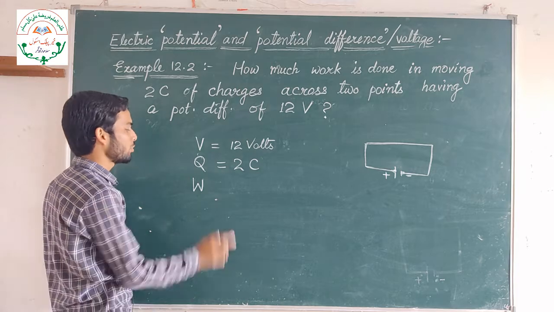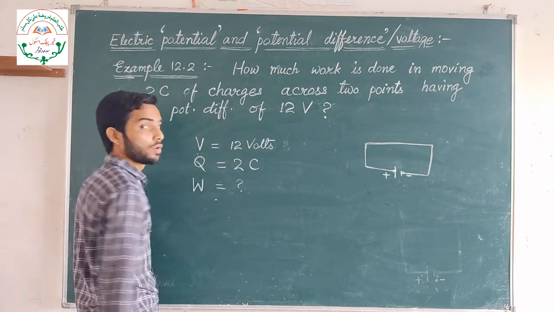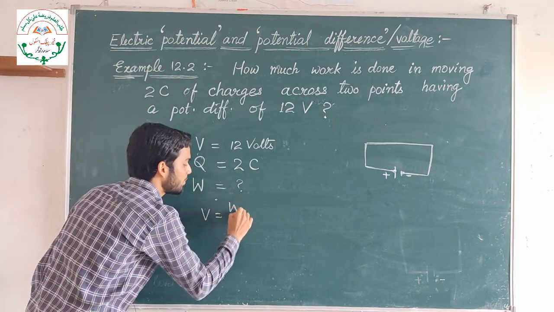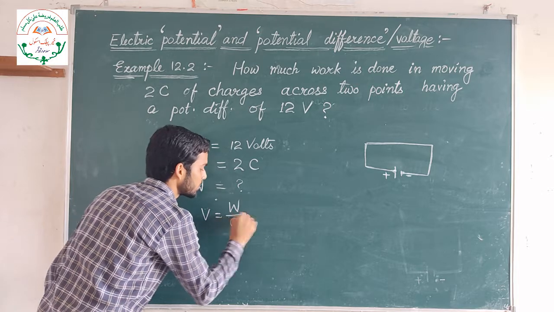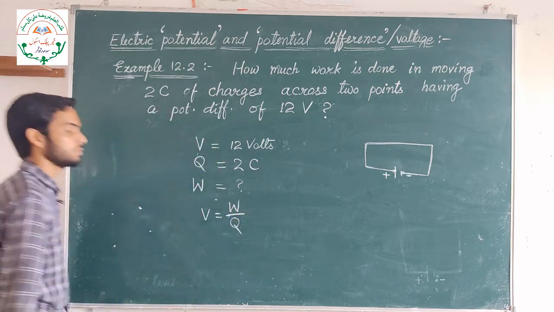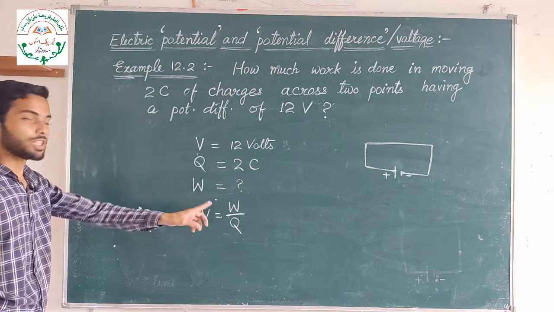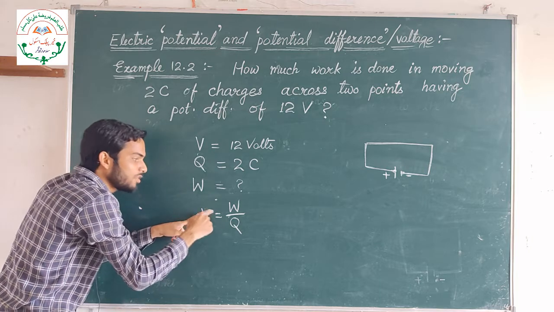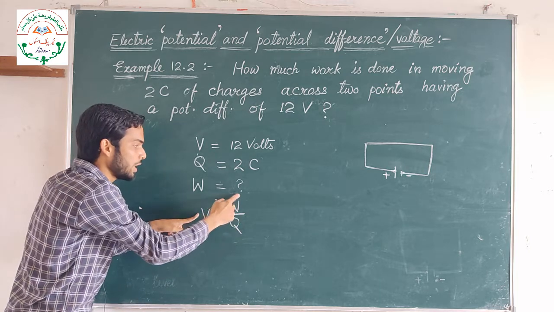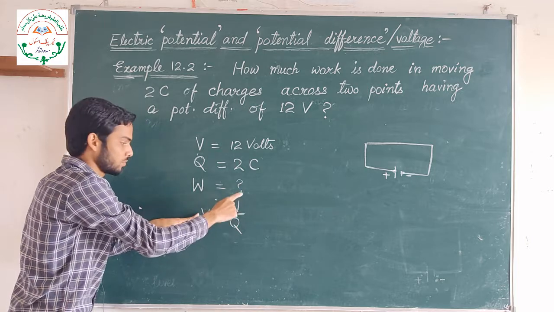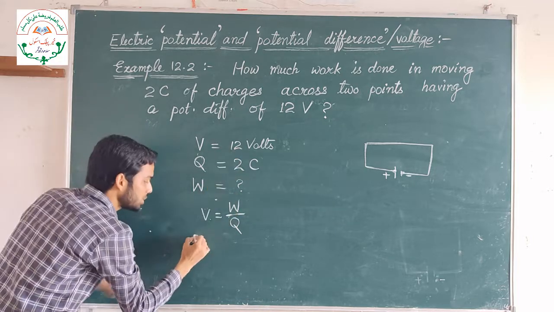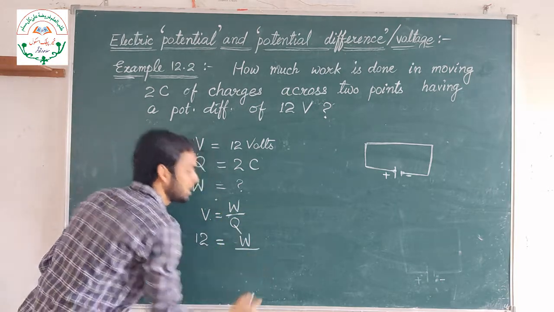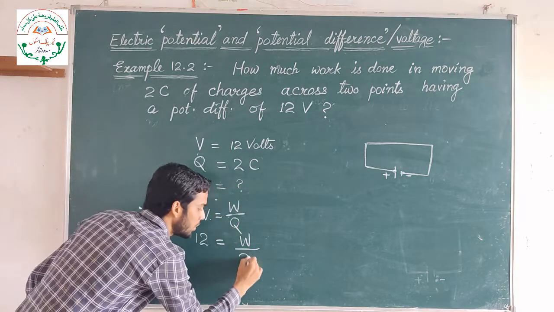So we know the formula. How do we calculate W? We just studied that potential difference is given by W by Q. Now, putting the value of potential difference and charge, we can easily calculate the work done. I am putting the value of potential difference here, 12, W is to be calculated, and the charge is 2 coulomb.